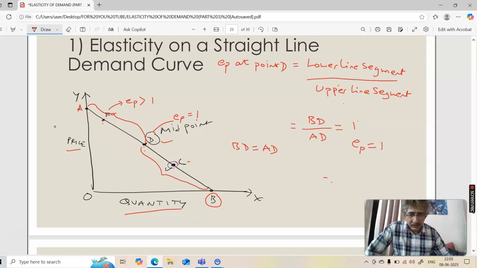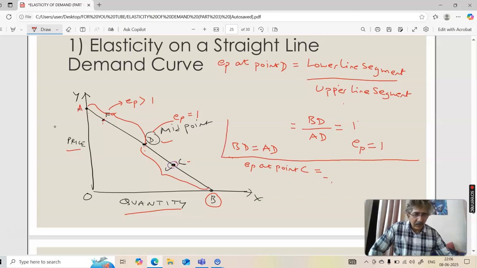Now at point C, let's calculate price elasticity at point C. So EP at point C will be, this is the second part. I don't have to write the formula again because you can see the formula here at the top.